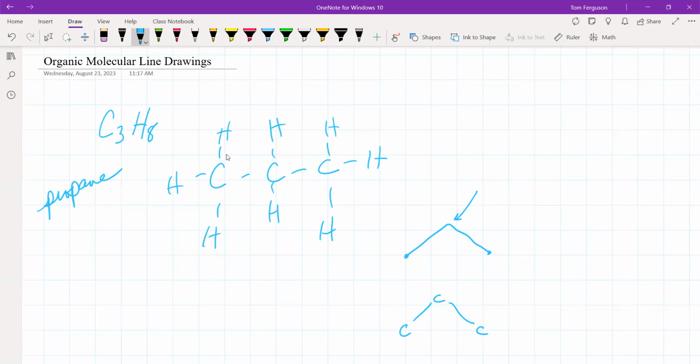Now, it assumes that you know that carbon via the Lewis dot structure has 4 singleton electrons, and each electron can pair with another singleton electron.